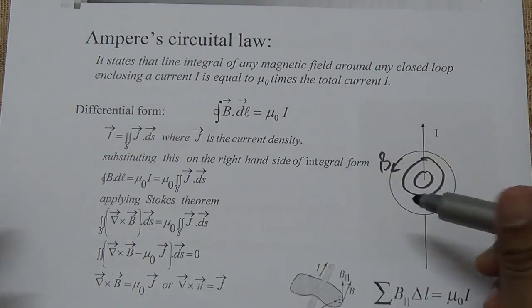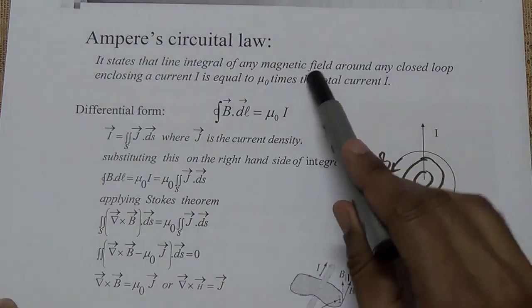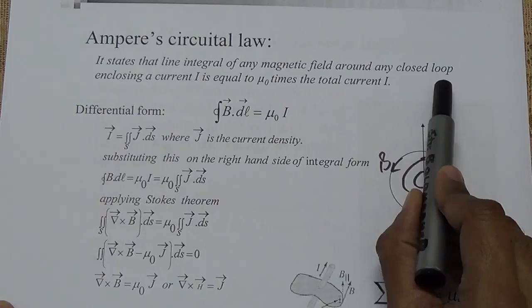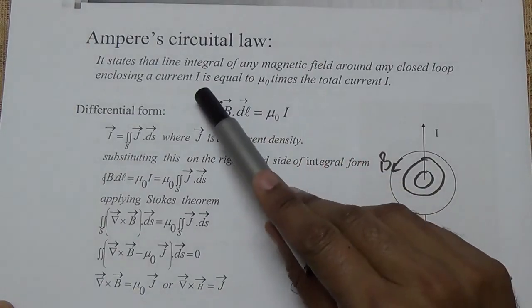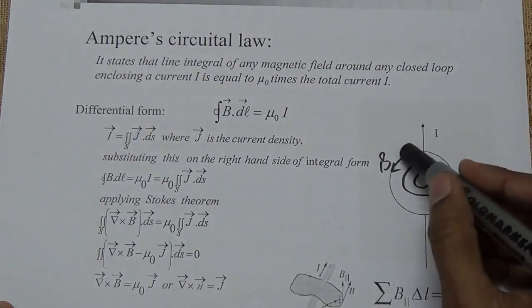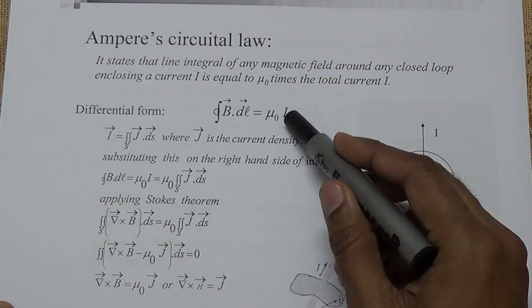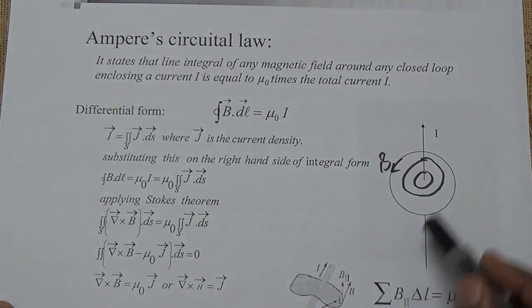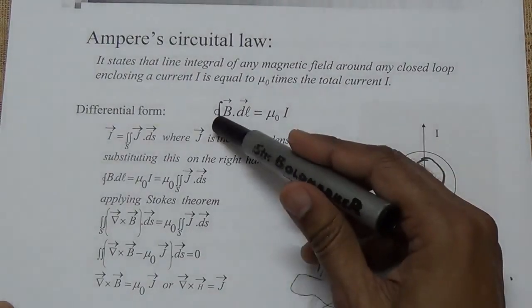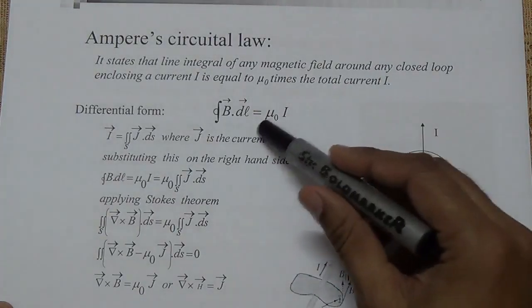Ampere's circuital law states that the line integral of the magnetic field around any closed loop enclosing a current I is equal to mu naught times the total current. It means closed path integral B dot dl is equal to mu naught times I, where that current I is enclosed by that loop.